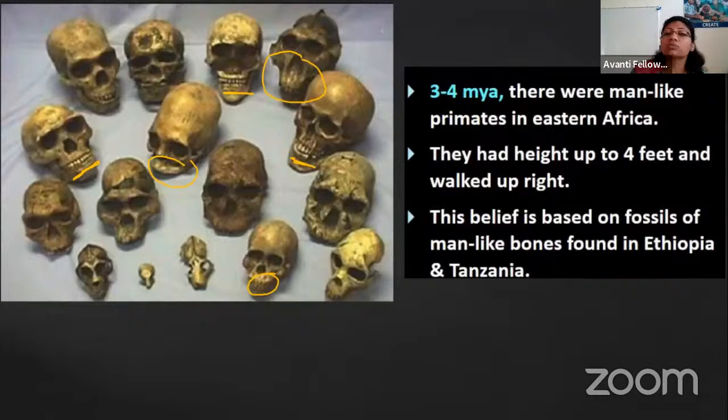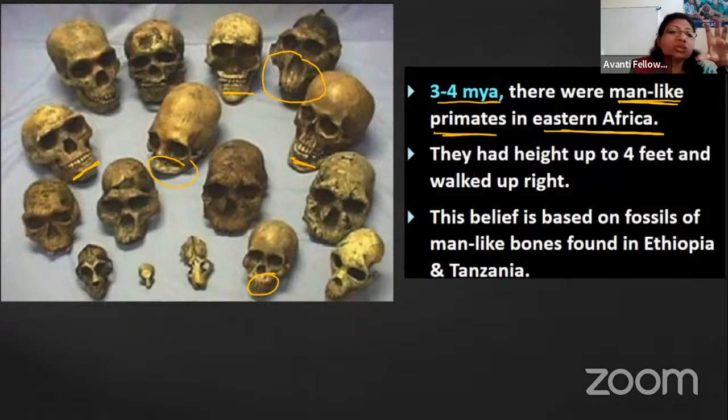These fossils were found 3 to 4 million years ago, and they were more like humans as compared to the apes, right? They were more like man, primates which were found in Eastern Africa.